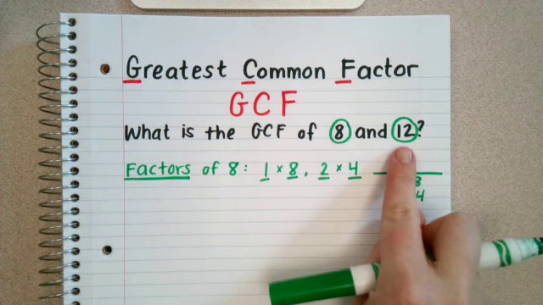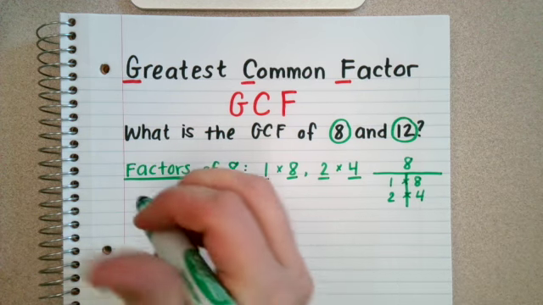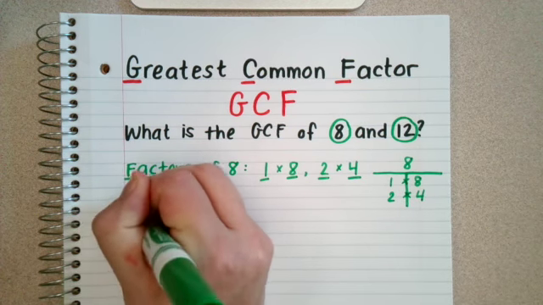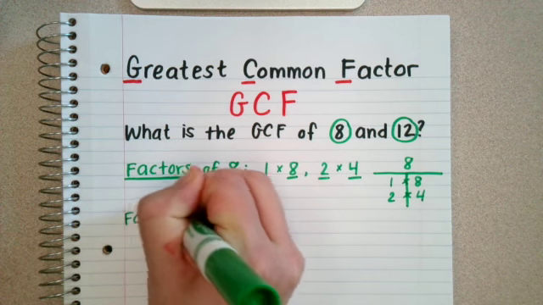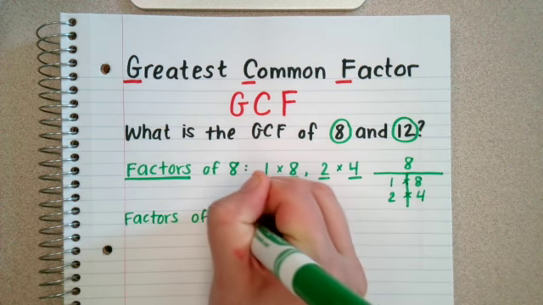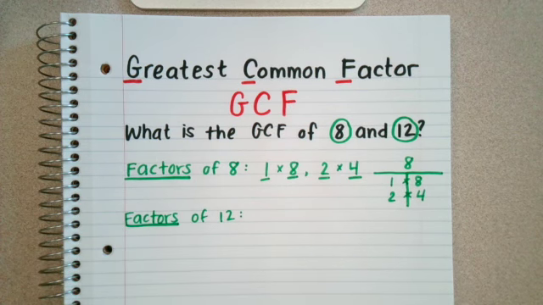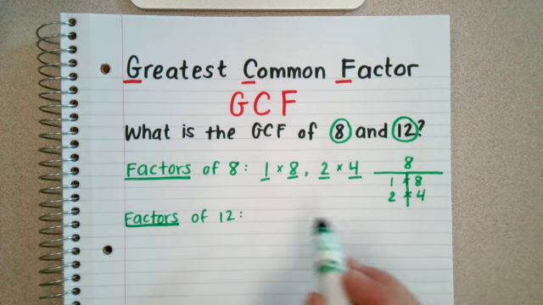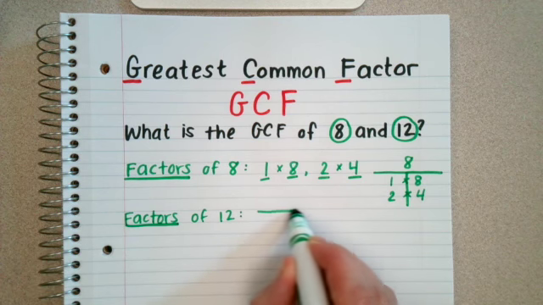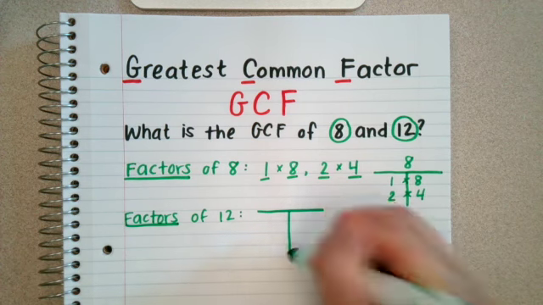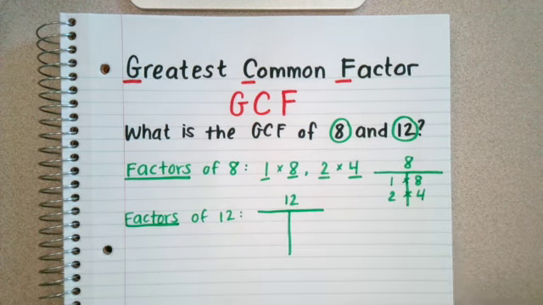So now what we need to do is find the factors of 12. Factors of 12. So I'm going to use my T-chart for this one. Okay, so I'm going to put 12 at the top.